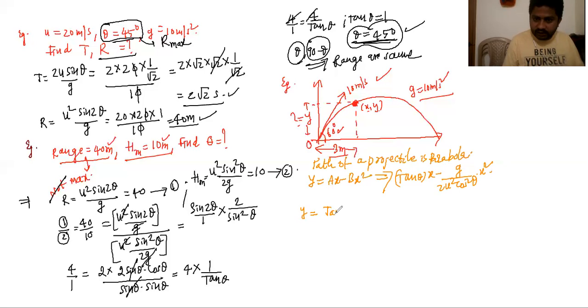So can I write it is tan 60 degrees into x. What is x? It's 3 meters. Minus g is 10 divided by 2 into u square. What is u square? It's 10 square, understand? It is 100 into cos square 60 degrees, because the initial angle is 60 as they have mentioned, into x square.